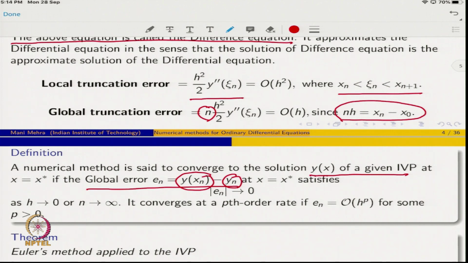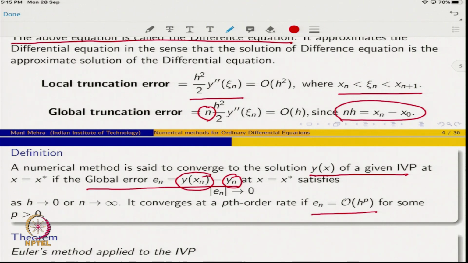So, basically the maximum of the global error should tend to 0 as h tends to 0. It converges at a pth order rate if En is order of h to the p. So, at x we satisfy mod of En tends to 0 as h tends to 0 and n tends to infinity.